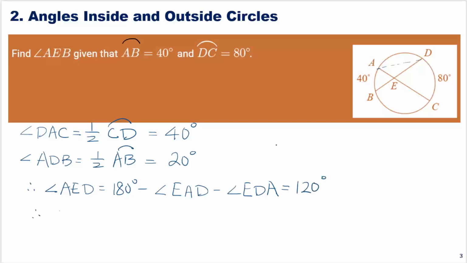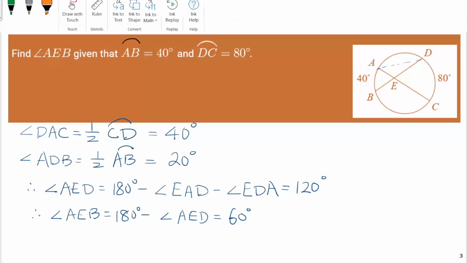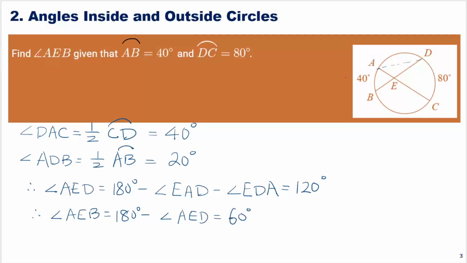And therefore we have angle AEB is just 180 degrees minus angle AED, which is 60 degrees. Did you get it? Okay, so let me ask you another example. Suppose the measurement of AB is x and the measure of CD is y. Are you able to express this angle in terms of x and y?